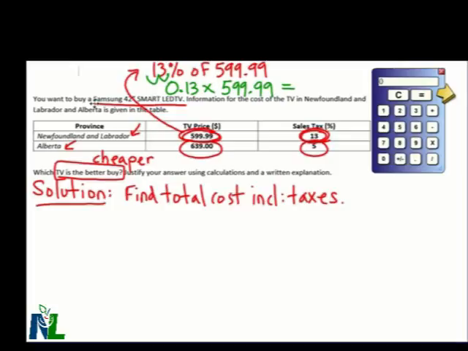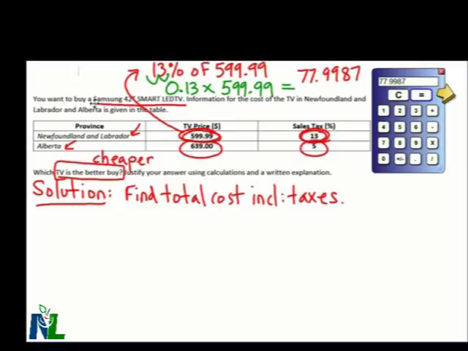If we hop over to our calculator, 0.13 multiplied by 599.99, we get this. I'm going to write down that full number, 77.9987.